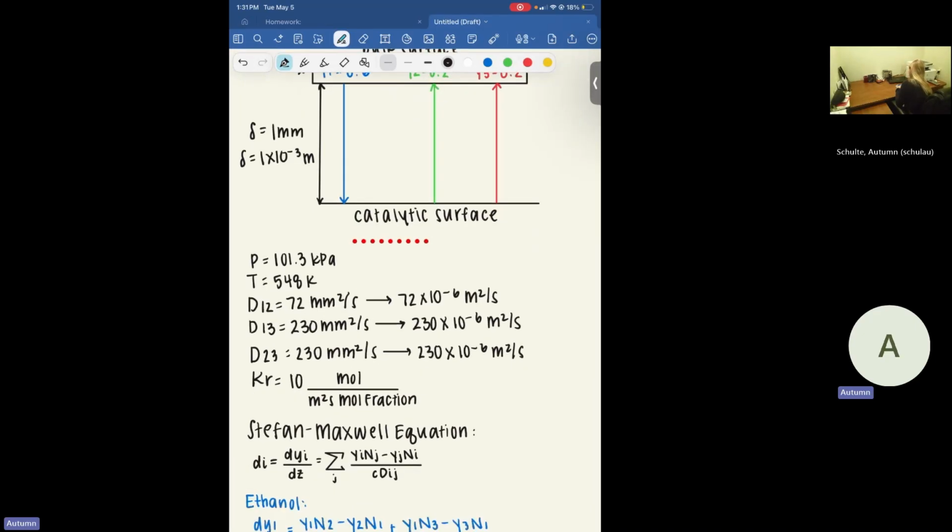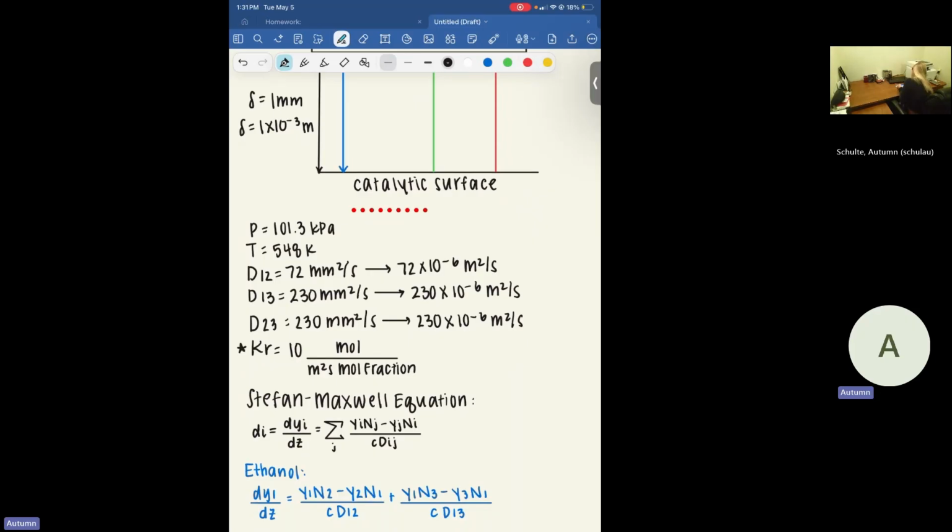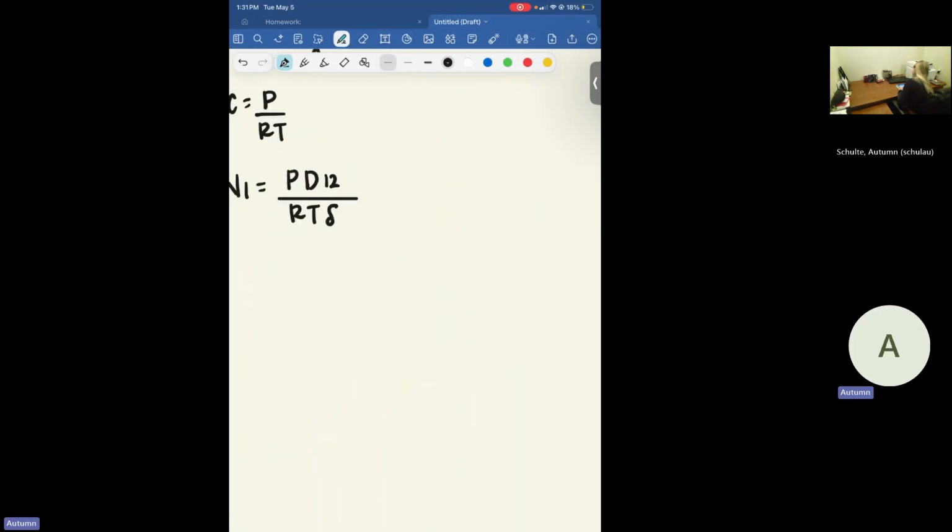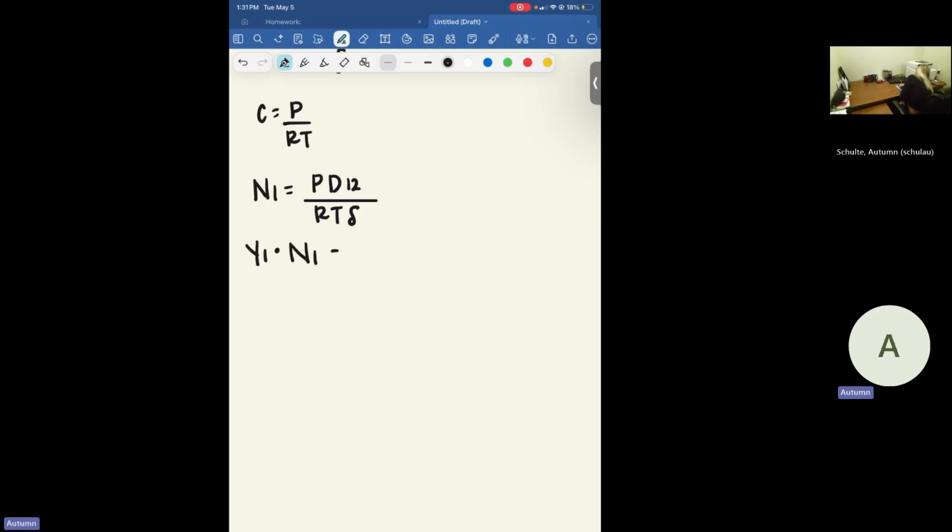And to do that, we're going to have to incorporate our rate constant here, K sub R. So we can say that the mole fraction of our ethanol multiplied by the molar flux of our ethanol is equal to this rate constant K sub R. So if we want to find the mole fraction of ethanol, that is going to be the absolute value of our molar flux of ethanol divided by that rate constant, K sub R.